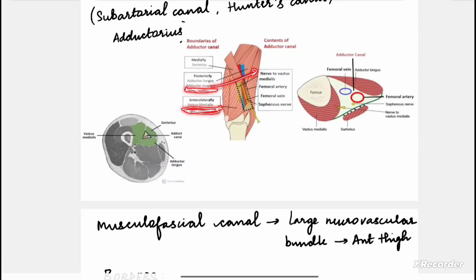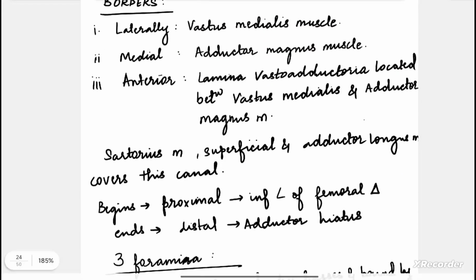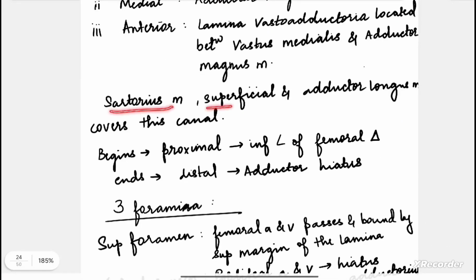Here is magnus, here is medialis. In between this, there is the anterior border. Now sartorius muscle, superficial, and adductor longus muscle cover this canal.